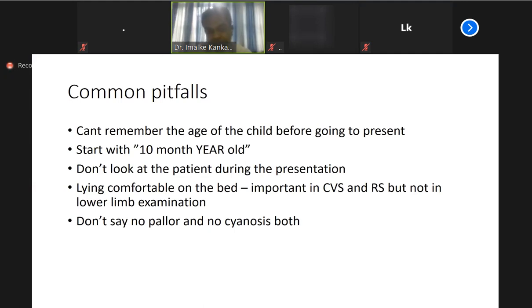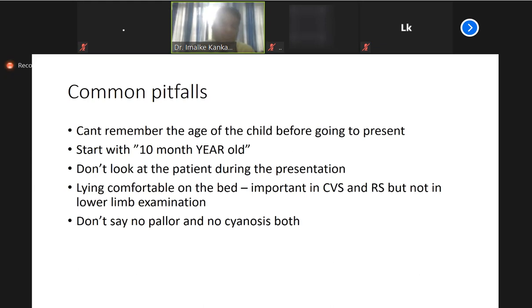So be conscious: 10 months old or 10-year-old, that's it. Also don't look at the patient during your presentation. Keep your hands back, or wherever, in a comfortable, confident position. Don't lean forward, and don't show the examiner that you are incompetent. Your findings may be incorrect, but be confident.